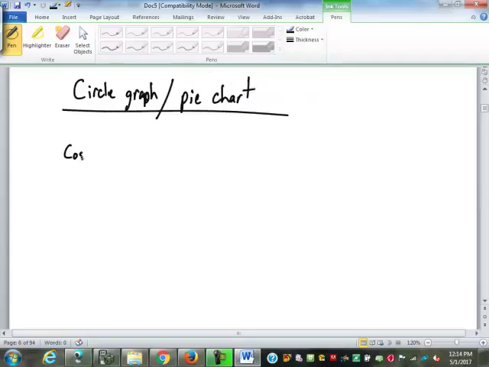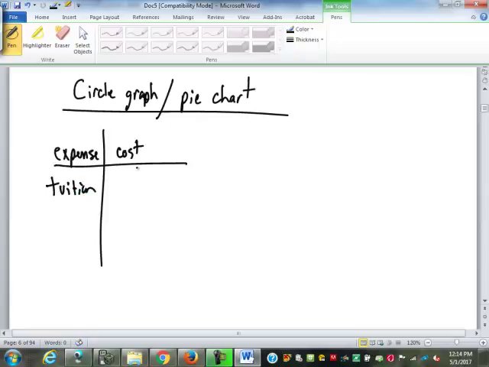Let's take a look here at the average student in college, their expenses and what each costs. So let's look at tuition. Might be $5,200 a year.